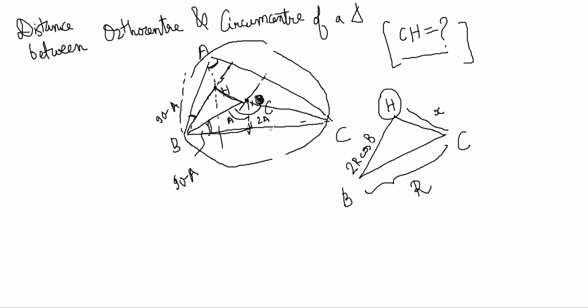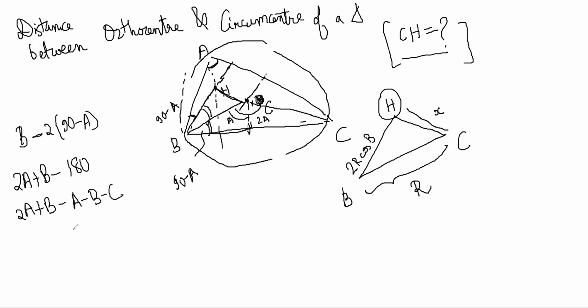So the angle in the middle now you can find, no? It is B, total angle is B minus 2 times (90 minus A), right? So this becomes 2A plus B minus 180, right? So that becomes 2A plus B minus A minus B minus C, right?